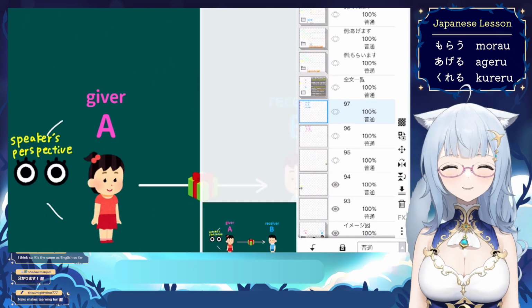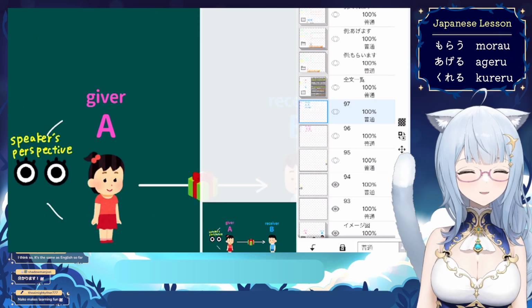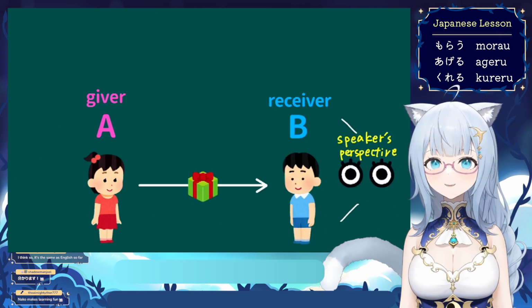では、くれますにしようか。So, くれます, the speaker's perspective is back to the receiver side.